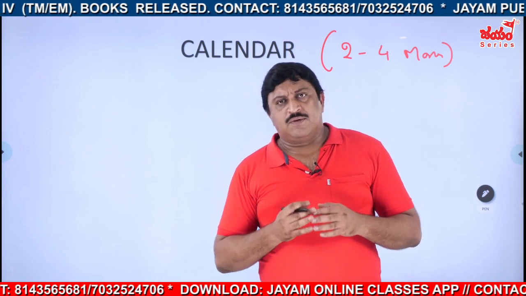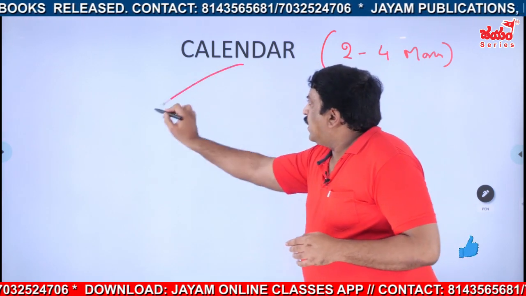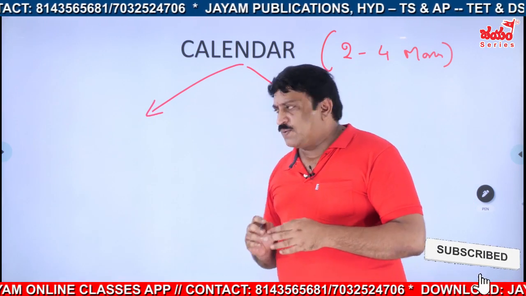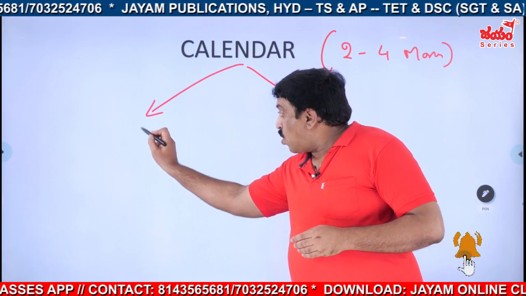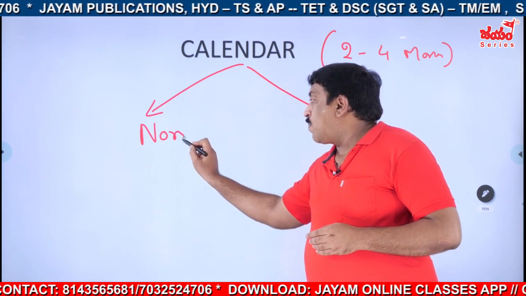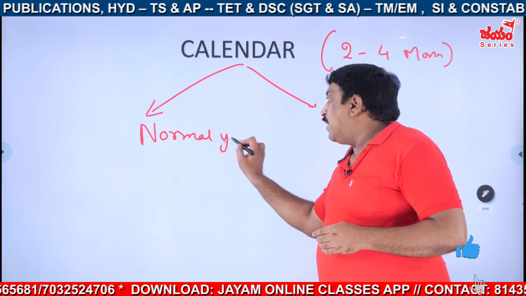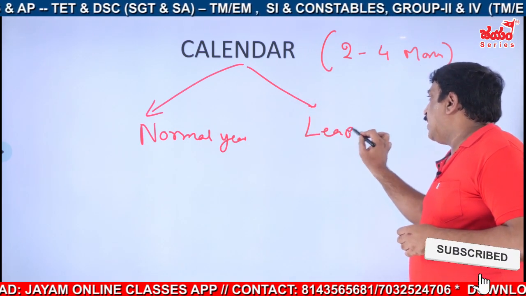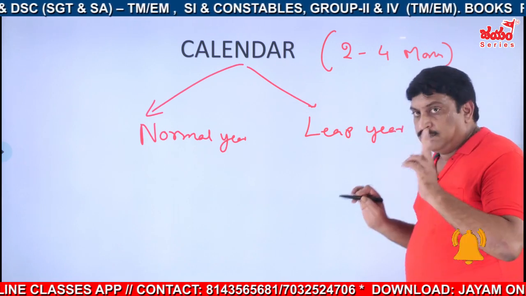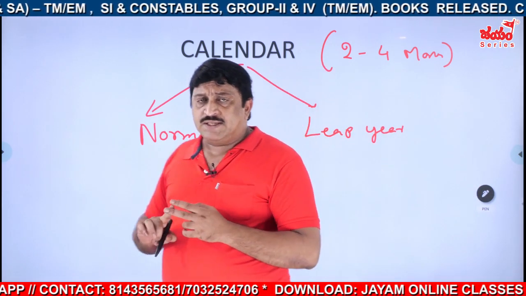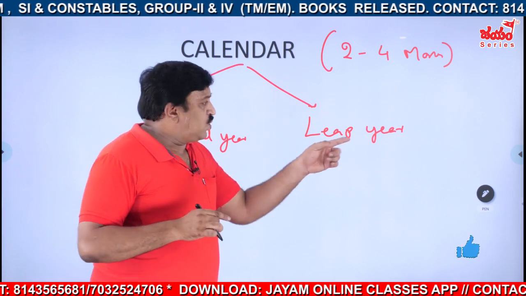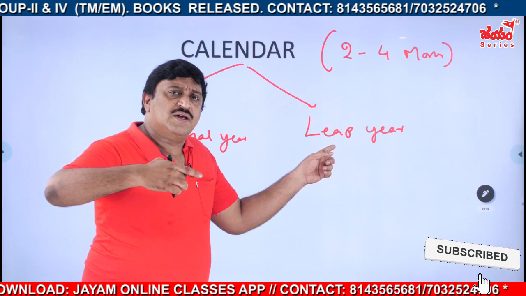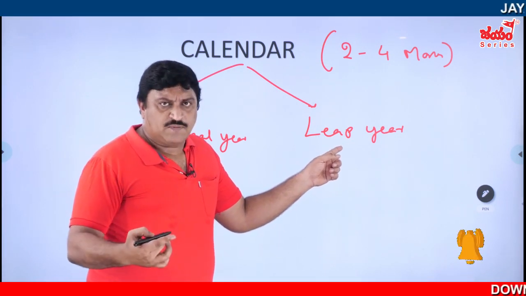So, the calendar years are of 2 types: one is the normal year, and the other is the leap year. What is this leap year? A leap year comes every 4 years. Every 4th year is a leap year. We know that, right?